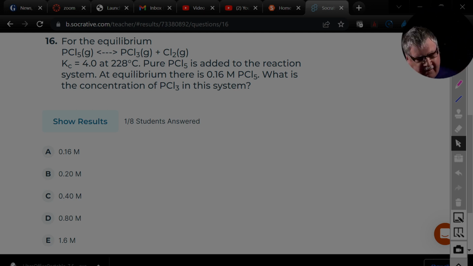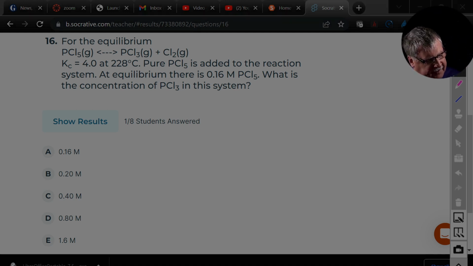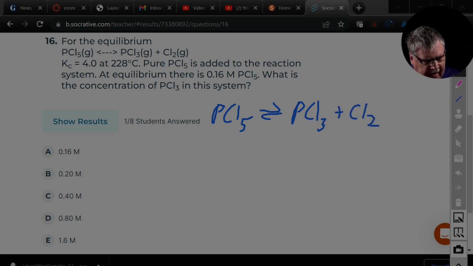All right, so let's write some stuff down here. These are all gases, so I'm just going to leave them as gases. All right, but the PCl5 decomposes into PCl3 and elemental chlorine.